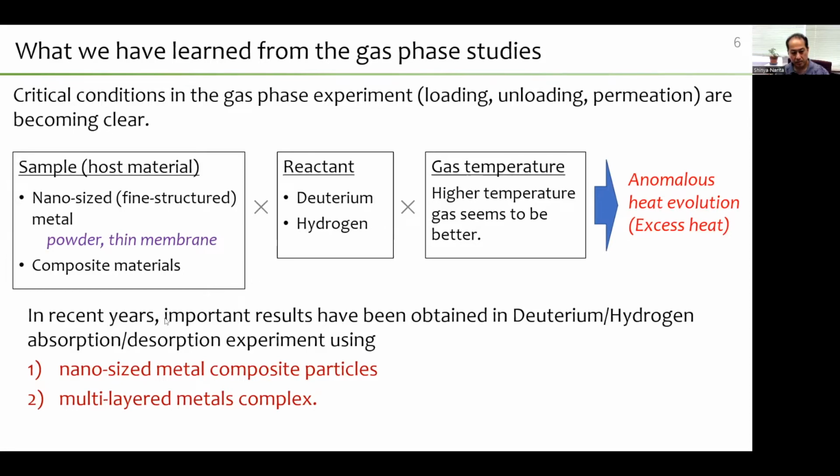Especially in recent years, important results have been obtained in deuterium or hydrogen absorption-desorption experiments using nano-size metal composite particles or multi-metal complexes. So now I'm going to show some details of these experiments.